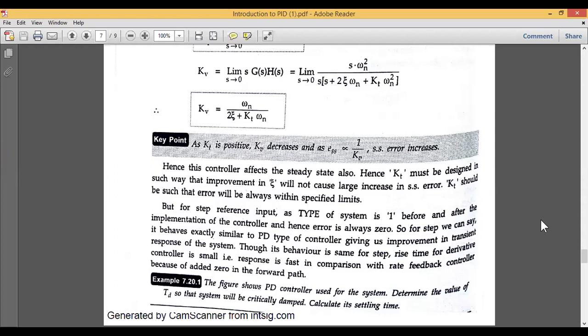We need to determine the value of TD so that the system is critically damped, and calculate the settling time. So two things you need to calculate here: one is TD and the other is the settling time.